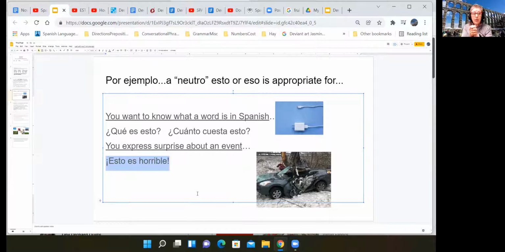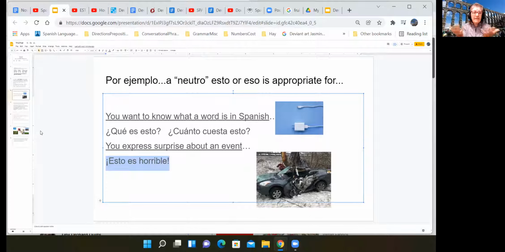I can just say estos, these. And people know I'm talking about libros. So sometimes these little demonstratives may stand alone. They stand in for the whole noun without mentioning the noun, once you have some context and you know what you're talking about.